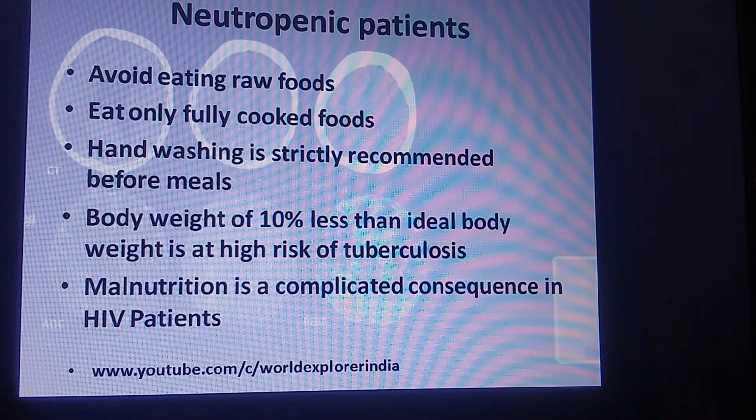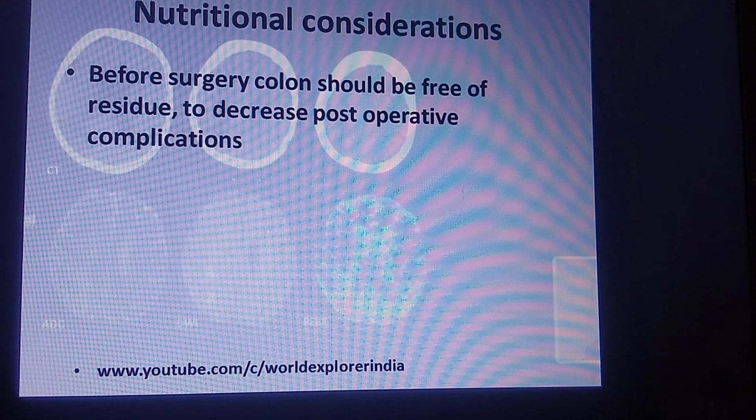Hand washing is strictly recommended. If body weight is 10% less than the ideal body weight, these persons are at high risk of tuberculosis. Malnutrition is a complicated consequence in HIV patients. Before surgery, the colon should be free of residue to decrease post-operative complications.